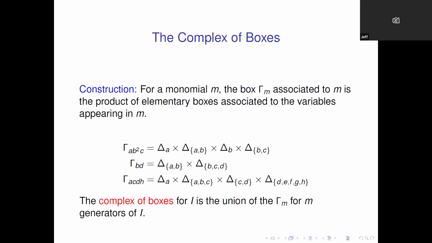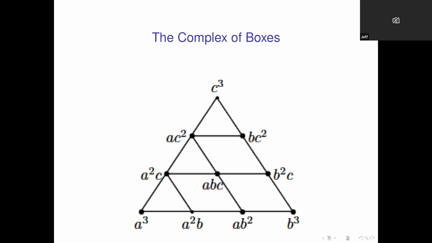And then if you have an ideal I, the complex of boxes is a polytopal complex that you just get by grabbing one of these gammas for each generator. So here it is for the cube of the maximal ideal in 3 variables. That thing on the bottom left is gamma of B cubed.